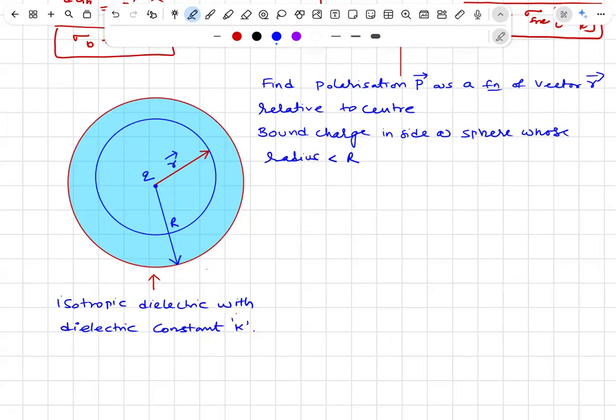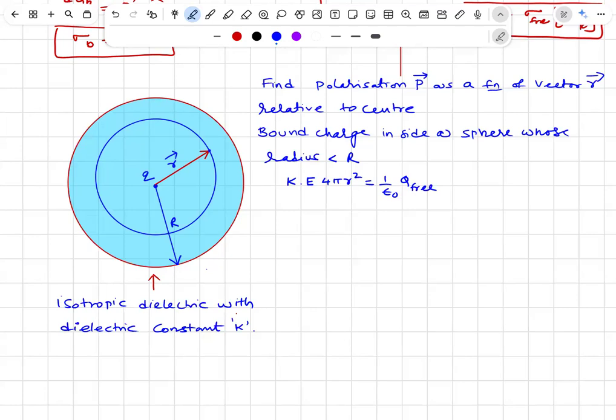We will apply Gauss's law at this point. Please help me in writing Gauss's law properly: dielectric constant times E net into 4 pi r square is 1 by epsilon naught times Q free.